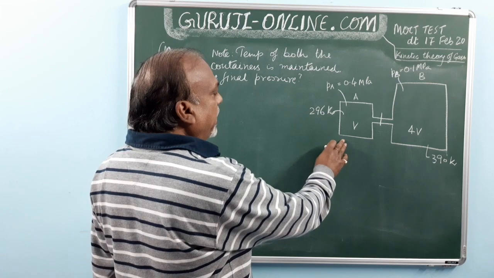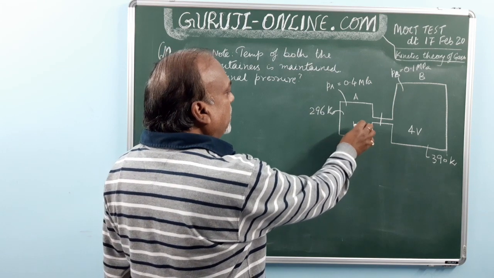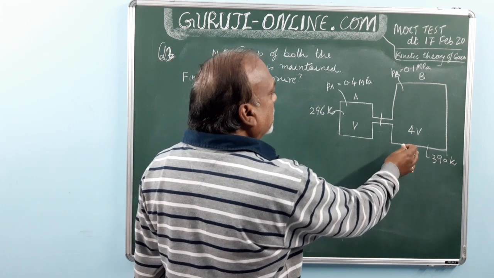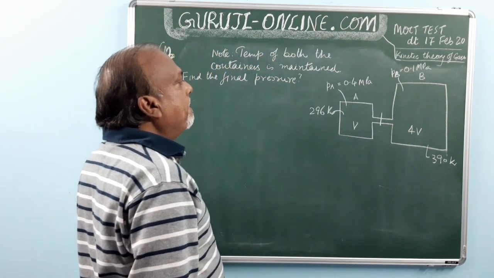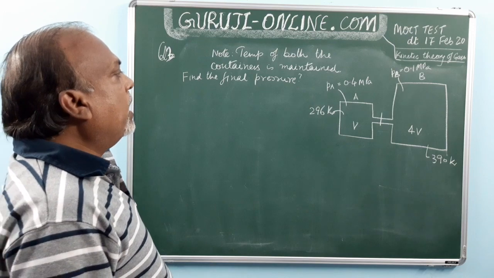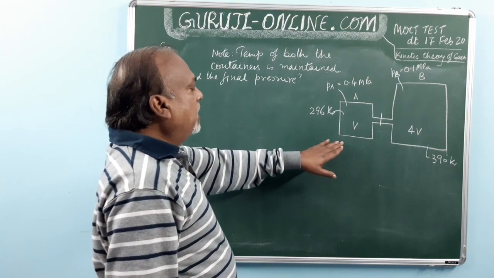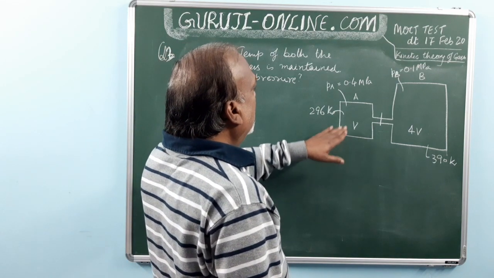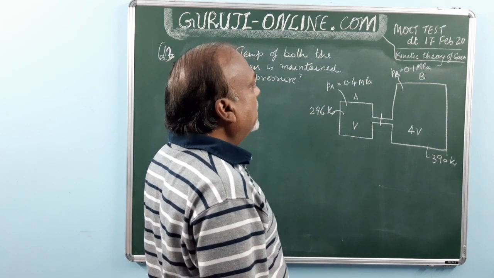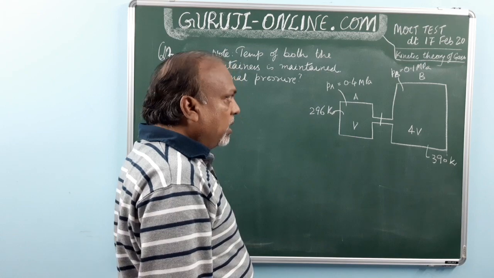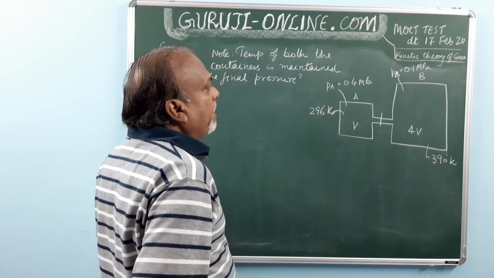Volume of container A is, suppose it is V, then it is 4 times volume of the container B. Pressure inside this container is 0.4 MPa and pressure inside this is 0.1 MPa.